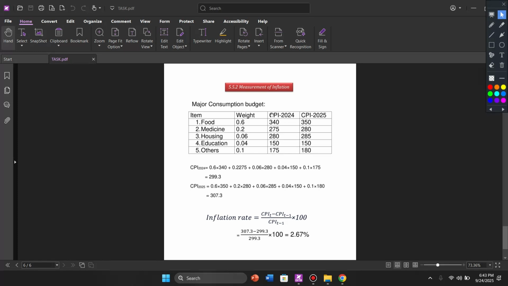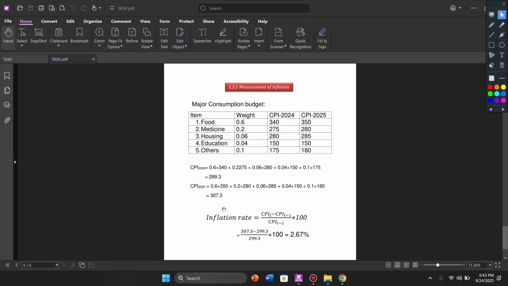The same goes for the current year, 2025. We multiply the weight and the CPI of the current year, 0.6 into 350 plus 0.20, and it goes on, and it becomes 307.3.